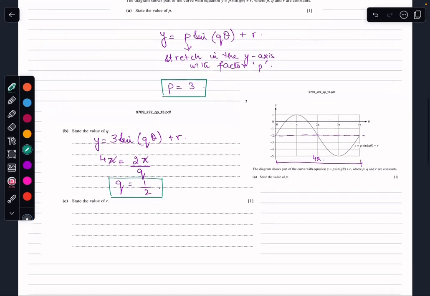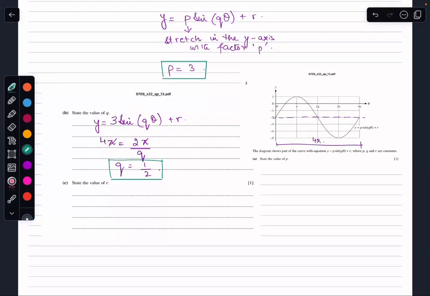And then finally, they are saying find the value of r also. State the value of r.